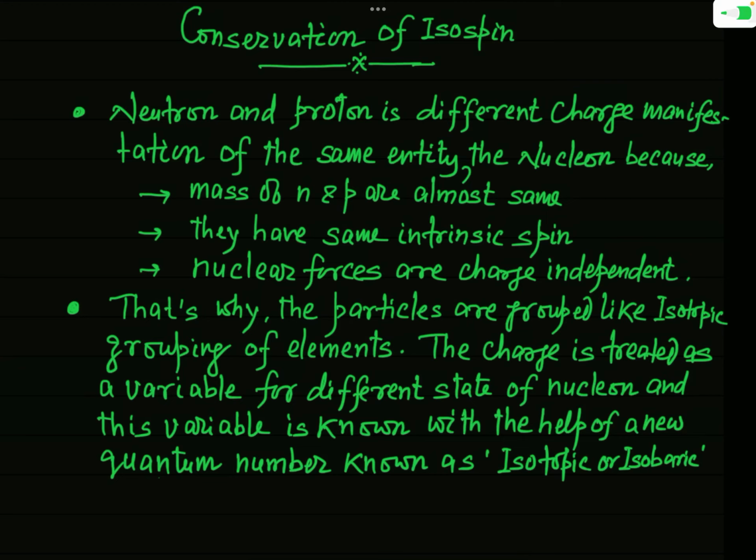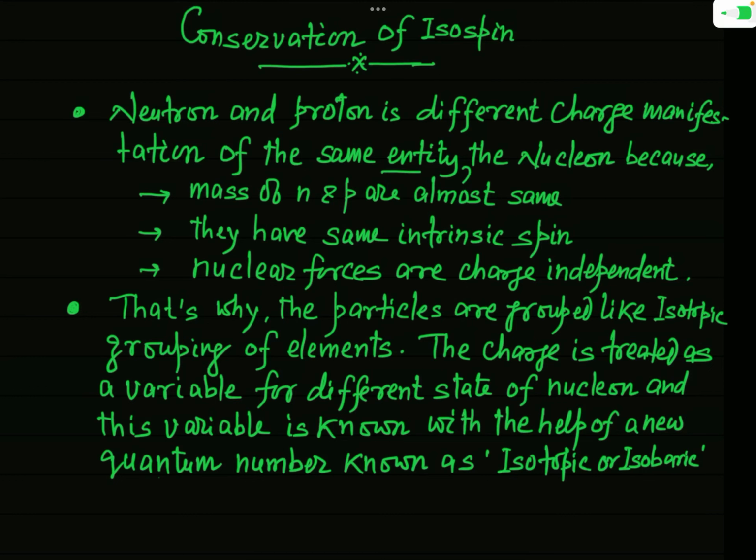You know that neutron and proton, these two particles, are actually called nucleon. Why do these two particles have a common name, nucleon? In fact, these two particles, neutron and proton, are simply the different charge states of the same particle, or you can say the different charge manifestation of the same entity.